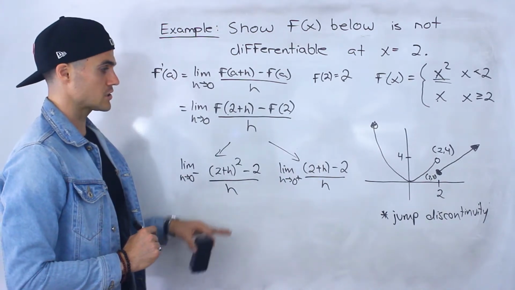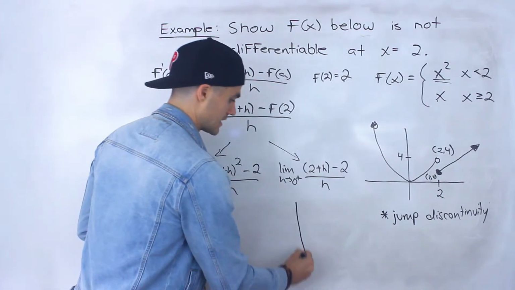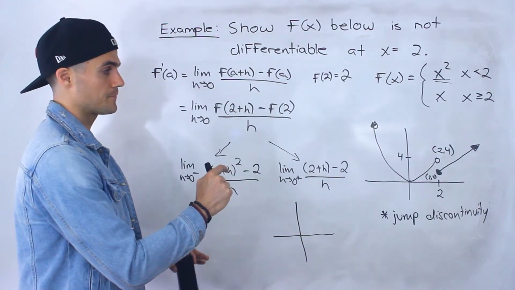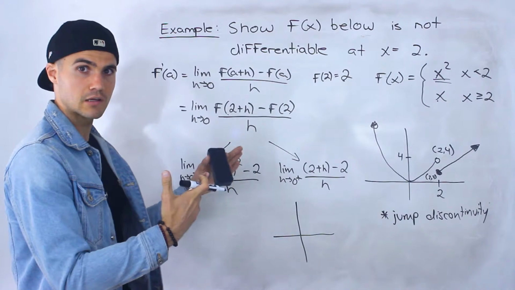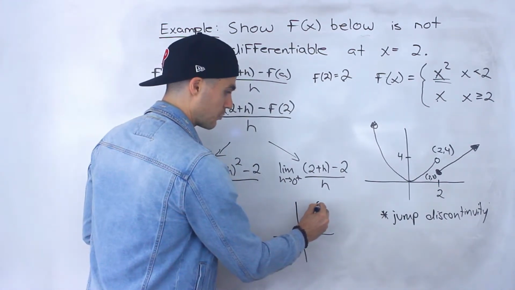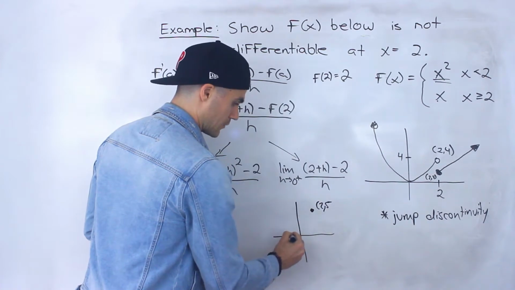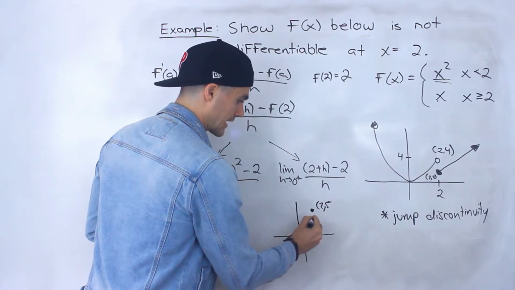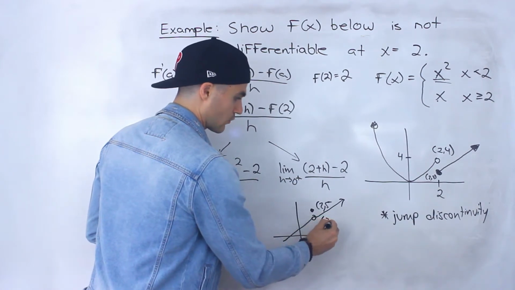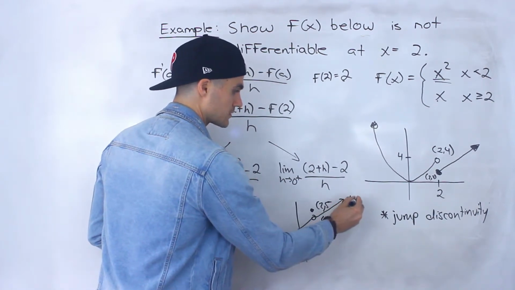Now, I quickly want to bring back the example from the previous video, the removable discontinuity, the second example in that video, where we had that 2 and 5 point, and then we had that line that had a hole at 2 and 4, and that line was x plus 2.